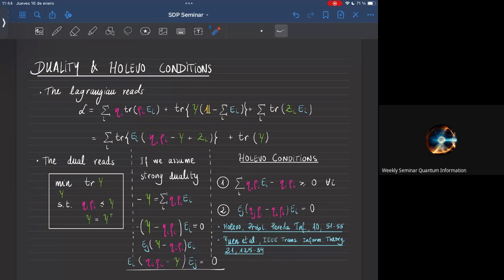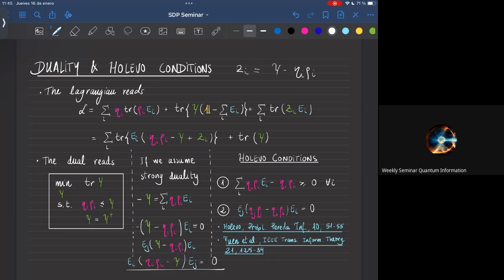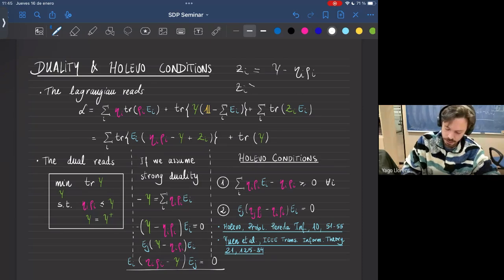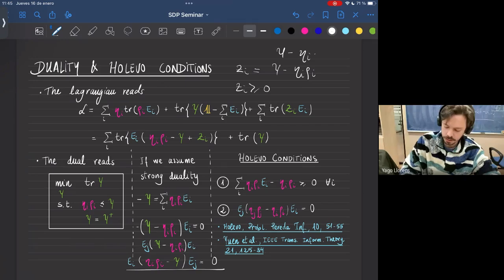Now you are saying that since Zi is always greater than 0, it is imposed that Z is positive. So you can solve for Zi, and say that Zi is equal to y minus eta I rho I. I see. But then Zi is greater than 0, and therefore this has to be greater than 0.